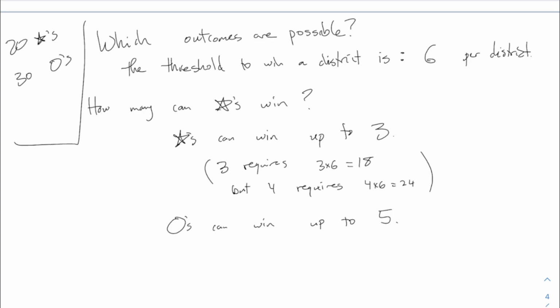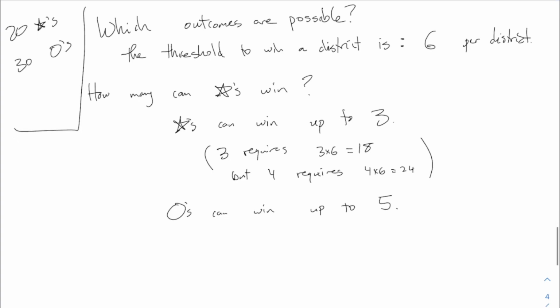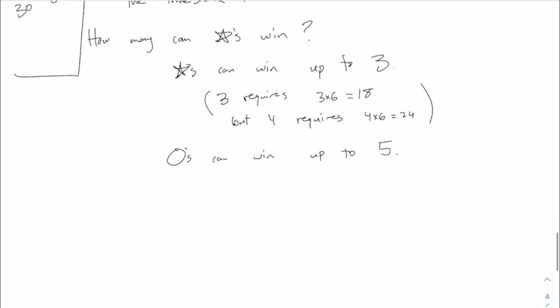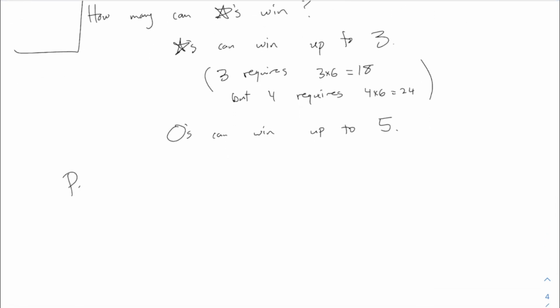All right. So as for this question, which outcomes are possible? Usually I like to write it in terms of, somebody wins this many, somebody wins this many. The stars can win up to 3. So the possibilities are, we could have 0 stars and 5 O's, right?